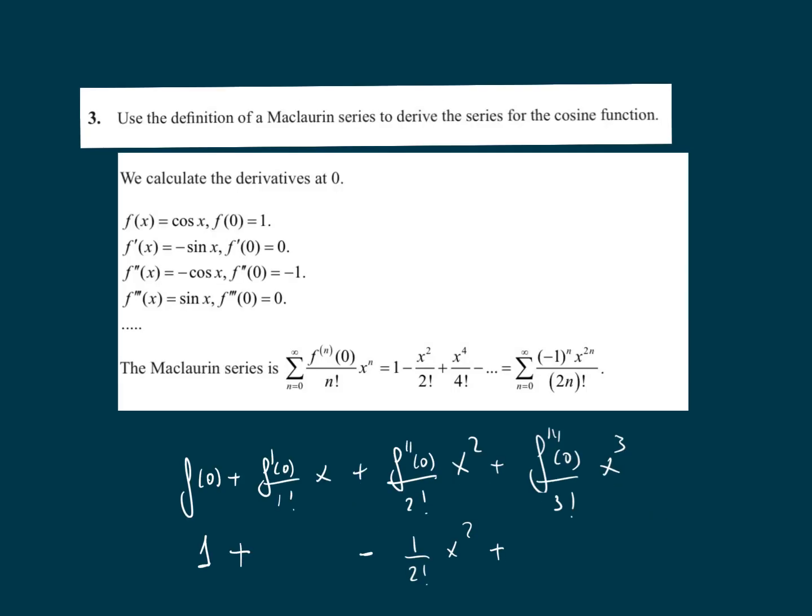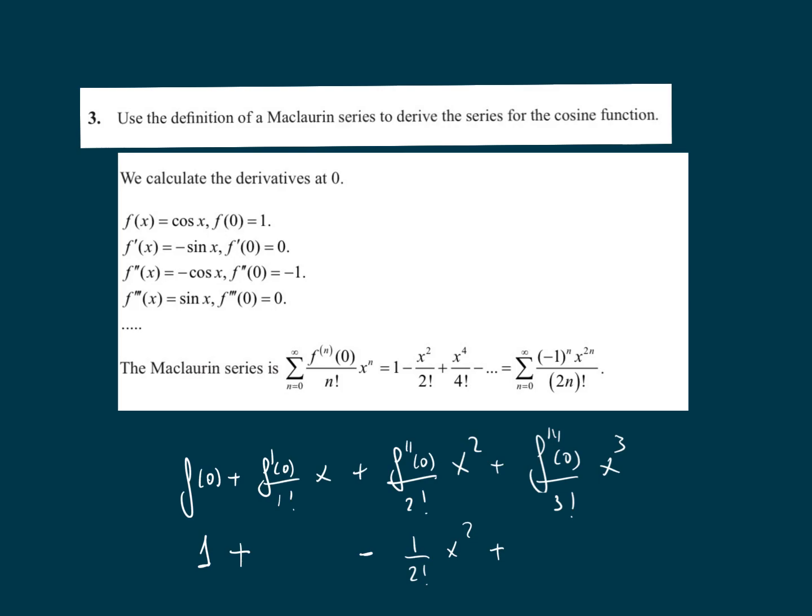This problem says, use the definition of the Maclaurin series to derive the series for the cosine function. The definition of the Maclaurin series is that the function f of x is f of 0 plus f prime of 0 divided by 1 factorial times x plus f second derivative of 0 divided by 2 factorial times x squared. Who is f of x? Cosine of x. What is f of 0?